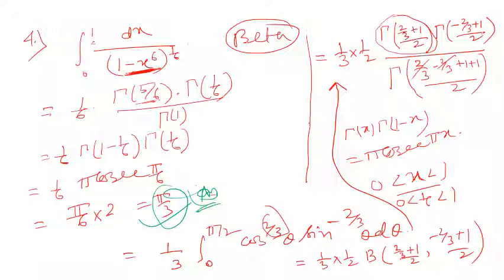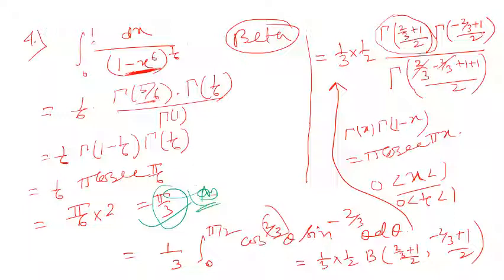First of all, determine whether the given function is a beta function or a gamma function, right? If it is a beta function, then use the corresponding formulas, you all know the formulas, and likewise for the gamma function.